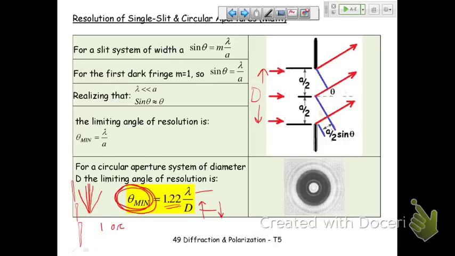So 1 arc second is equal to 1/3600th of a degree, which is, I mean, it's nothing, it's tiny. And a good 8-inch telescope will have a really nice resolution like that.